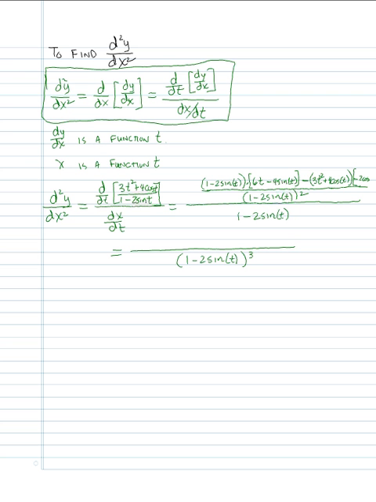And our numerator is going to be nothing more than, let me write it so we can read it, the quantity 1 minus 2 sine t times the quantity 6t minus 4 times the sine of t, minus the quantity 3t squared plus 4 times the cosine of t. Oh, but we have times a negative sign, so we could actually change this to a plus right here, couldn't we? So we'll say times positive 2 cosine t.